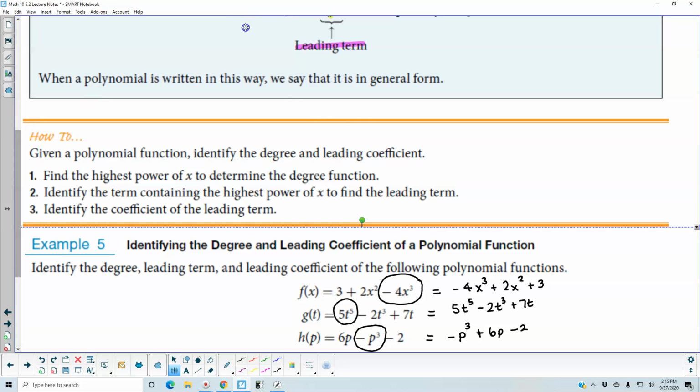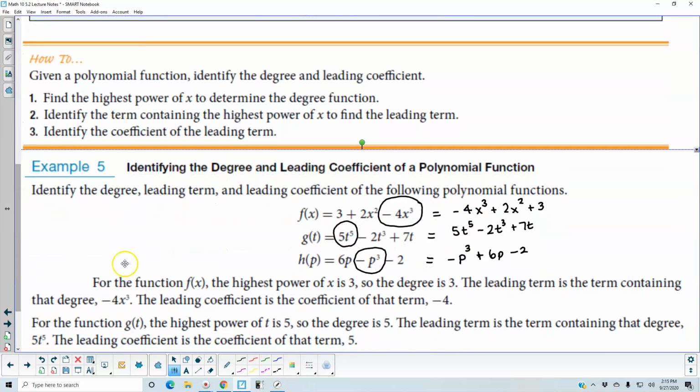So again, we're concerned with looking at the leading coefficient. For the function f of x, we can see that the highest power of x is 3, and so the degree is 3.